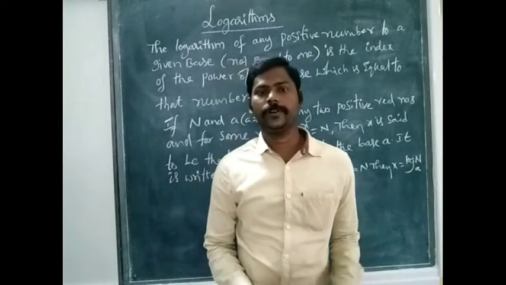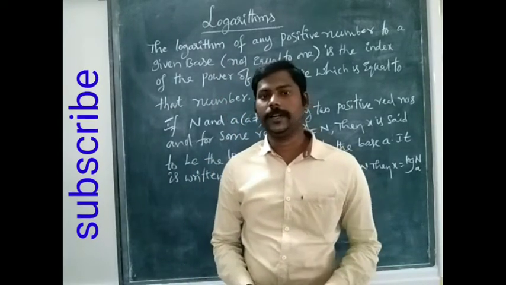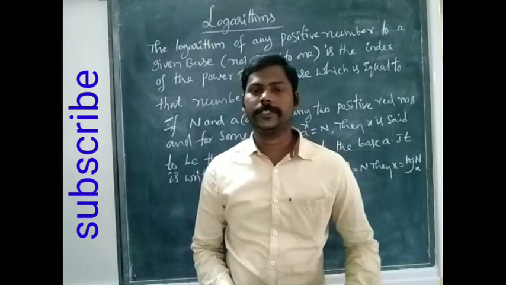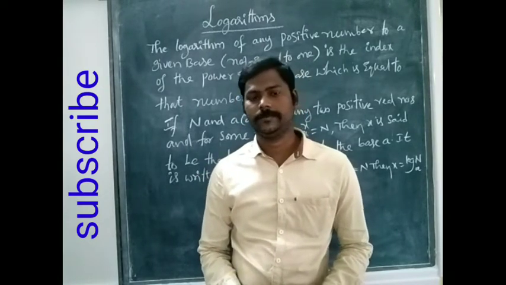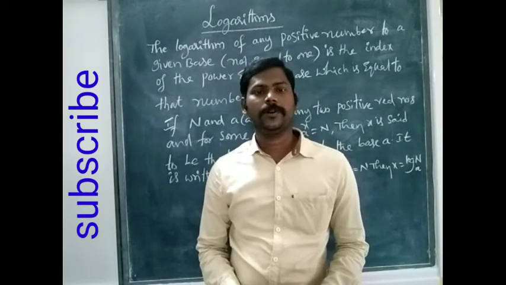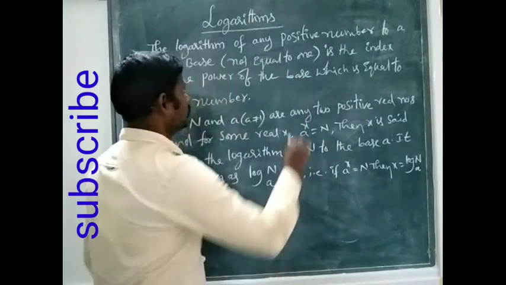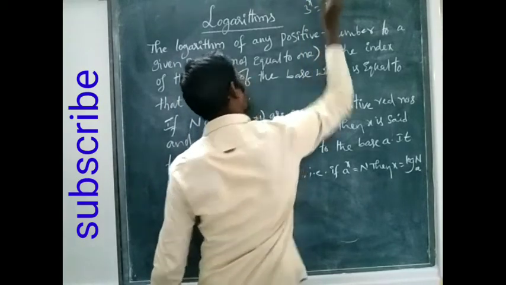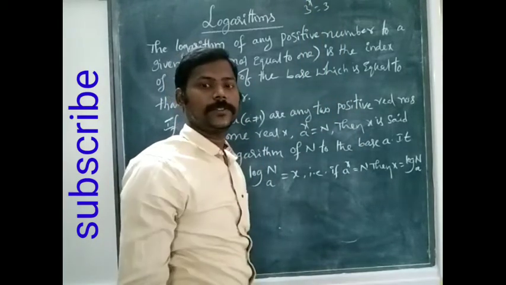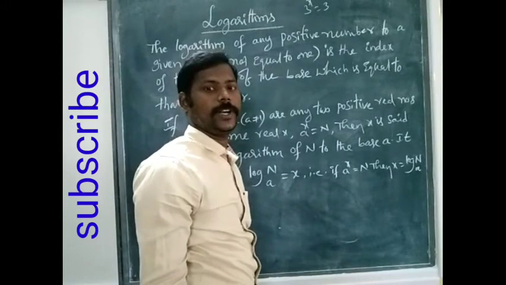Before going to logarithms, let us revise and recall the powers and exponents you already learned in the previous class. For example, 3 power x equal to 3 square. What is the x value, children, here? X value is 2.